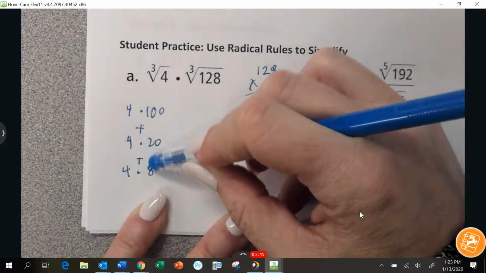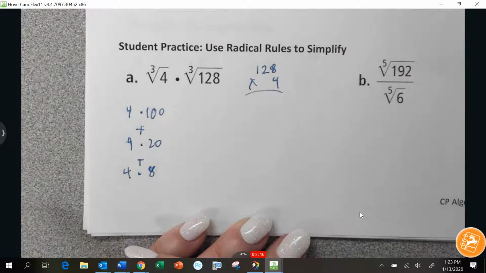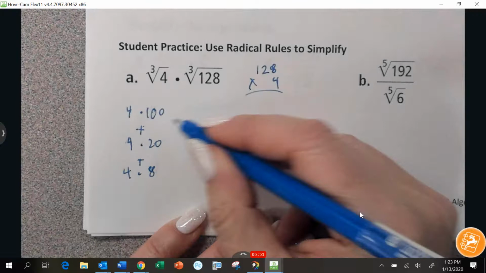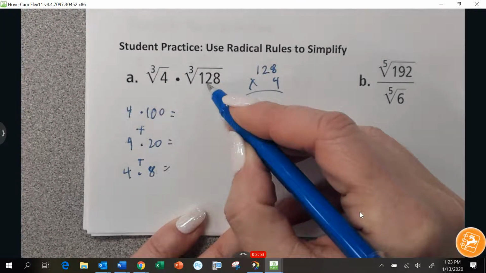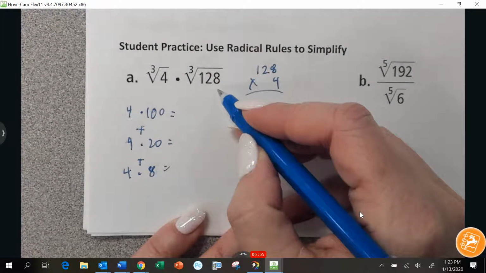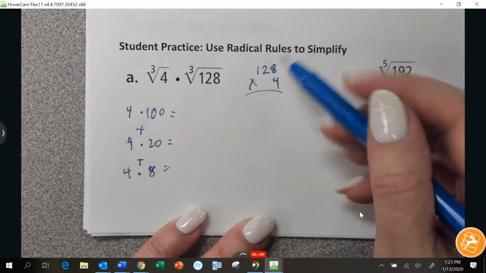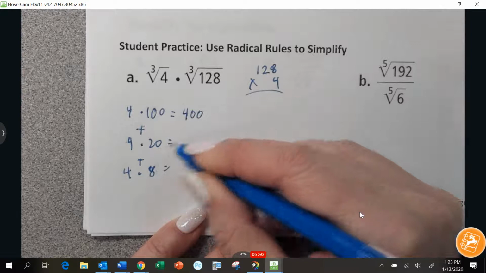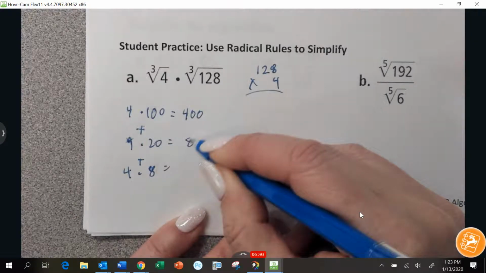You can break it down by place. I'm just showing other ways of doing it.